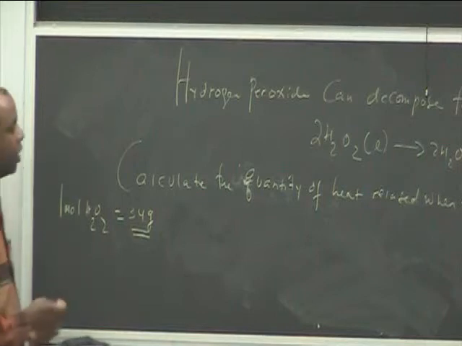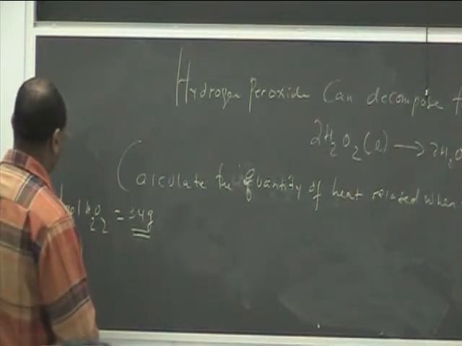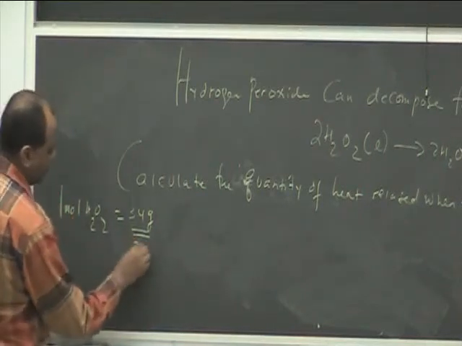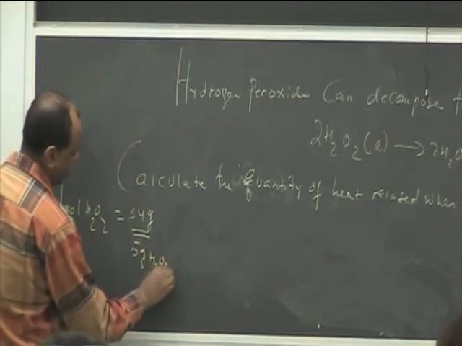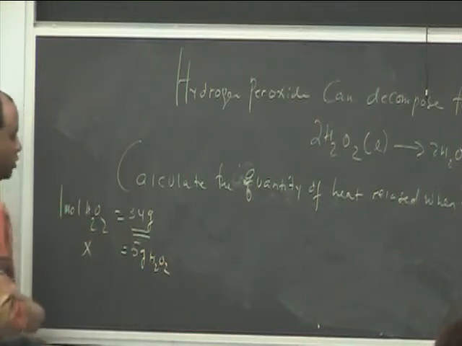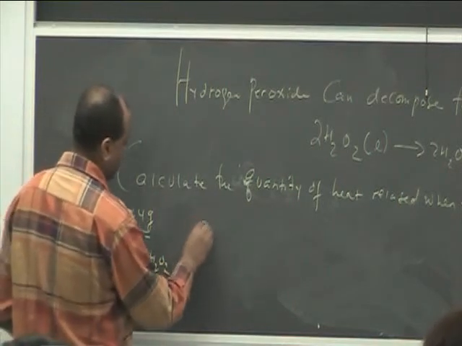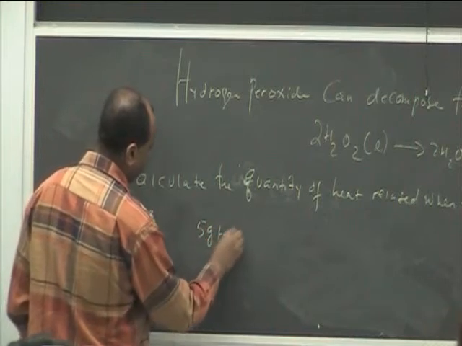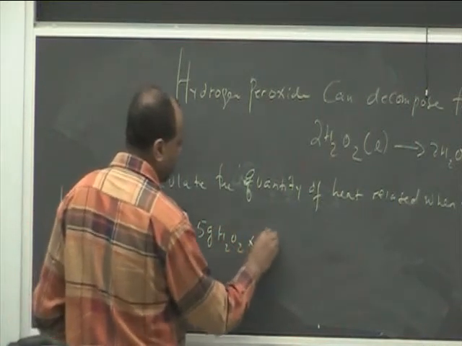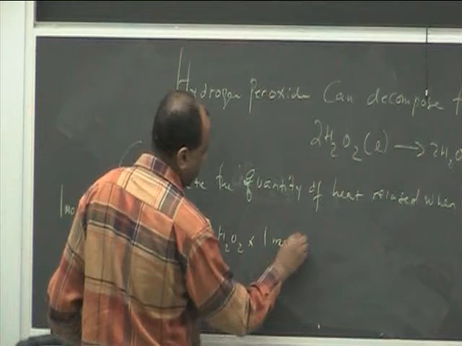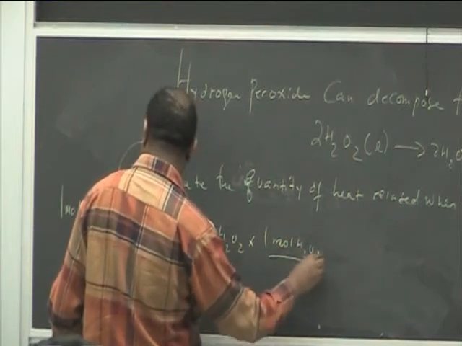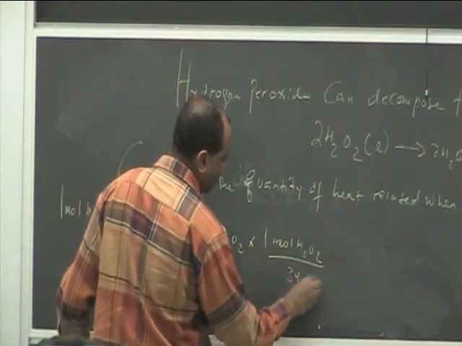Okay. So if 1 mole equals 34 grams, then we have 5 grams of H2O2. It's going to be how many moles? So we can just say 5 grams of H2O2 times 1 mole over 34 grams.